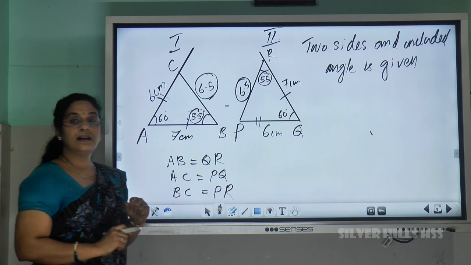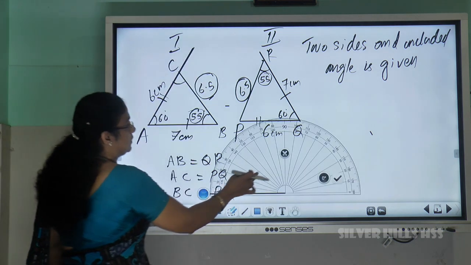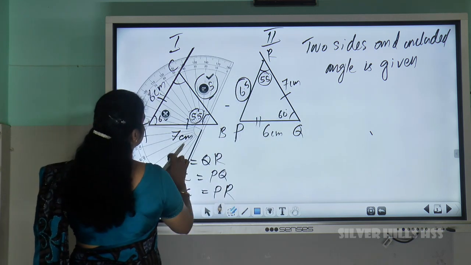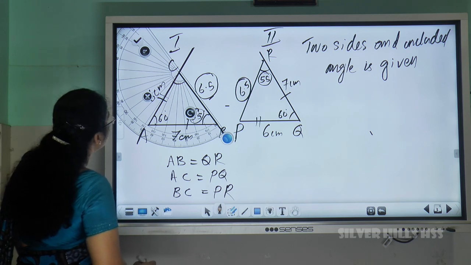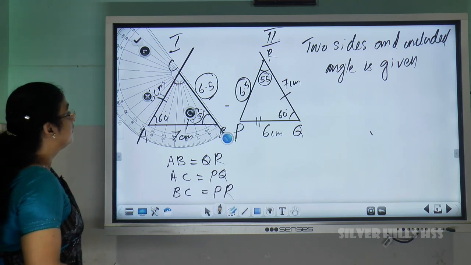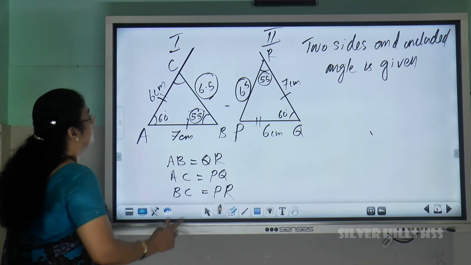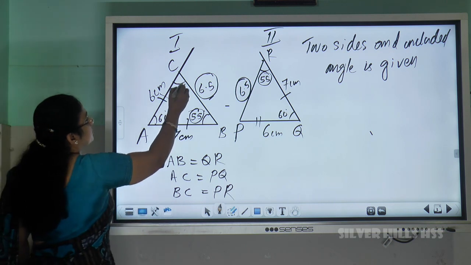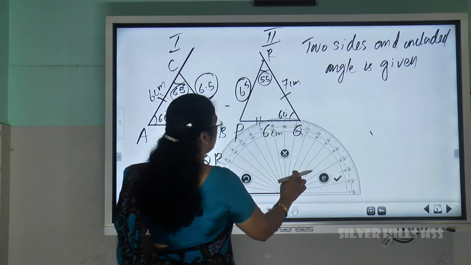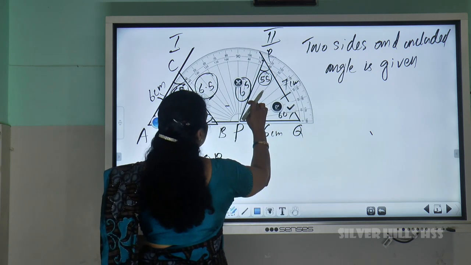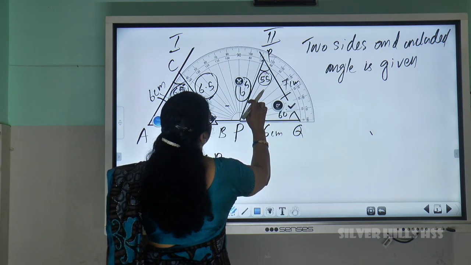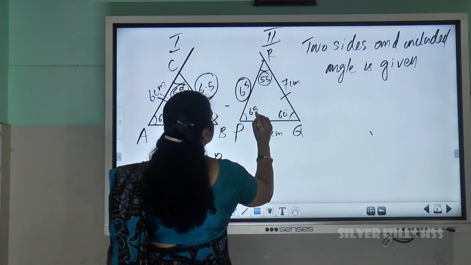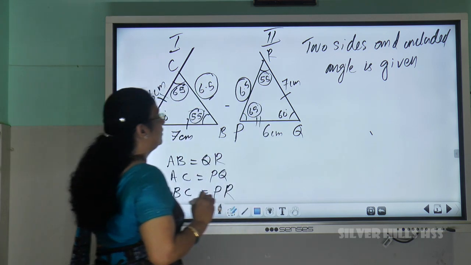And the third angle, we can measure the third angle also. The third angle in the first triangle is 65 degree. In PQR, angle P also is 65 degree.